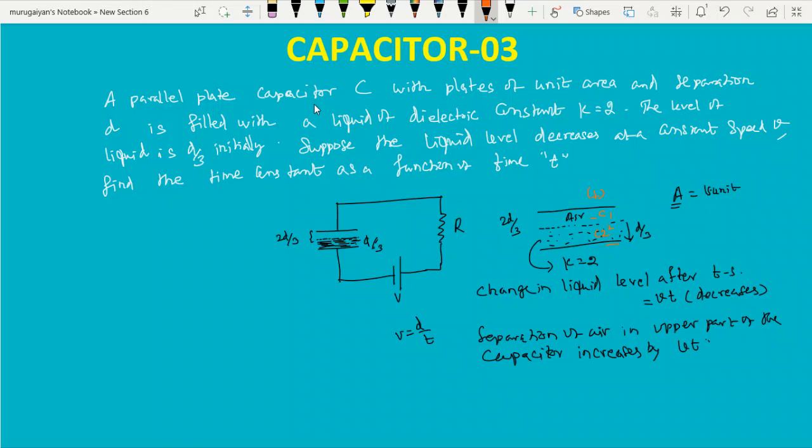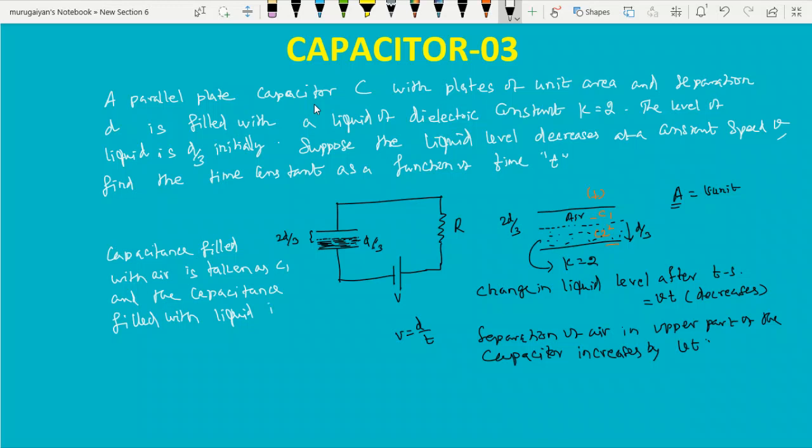So we can take the capacitance filled with air as C1, and the capacitance filled with liquid as C2.